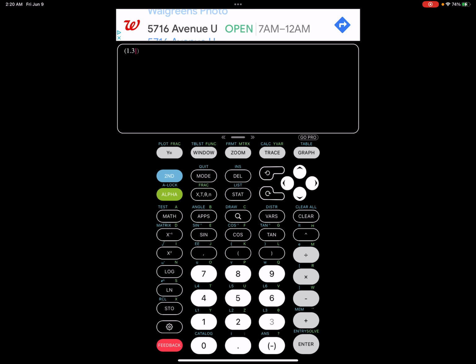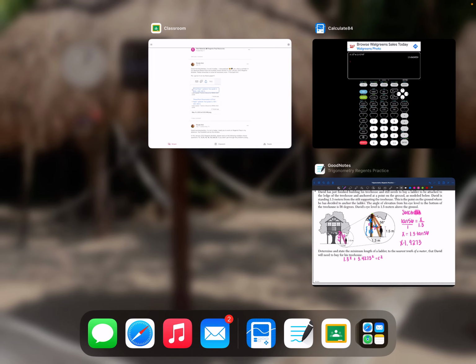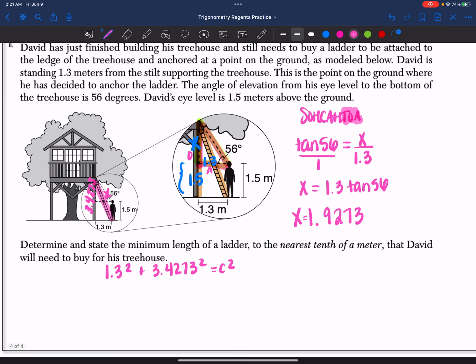So 1.3 squared plus 3.4273 squared is equal to 13 point blah, blah, blah. So c squared is equal to 13.4364. And what I'm going to do is take the square root on both sides.